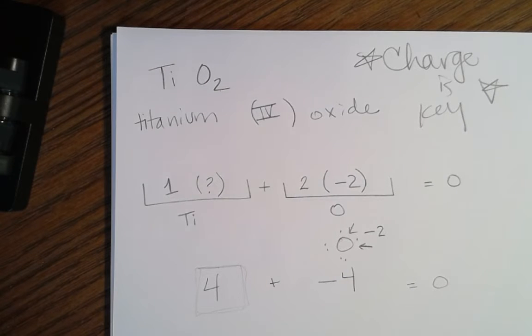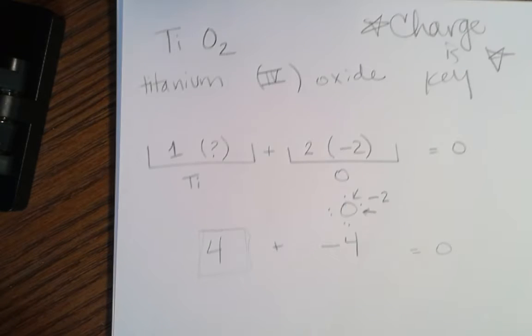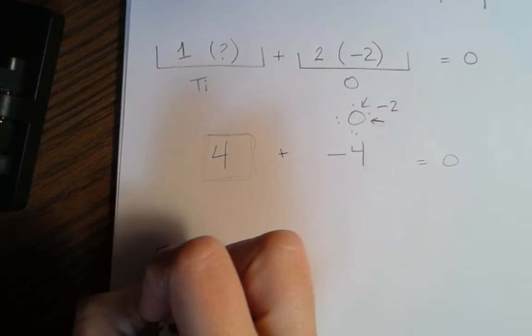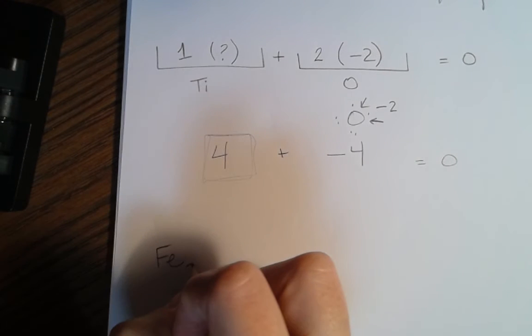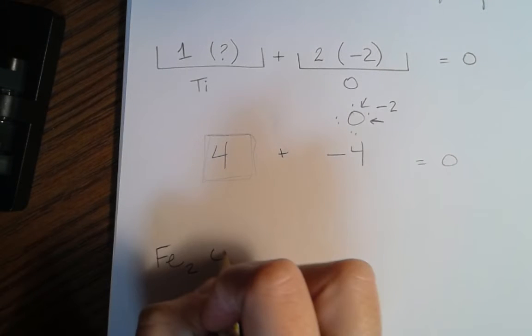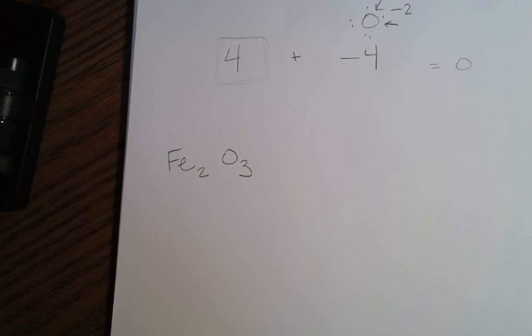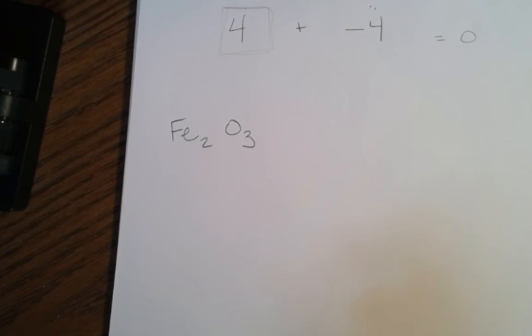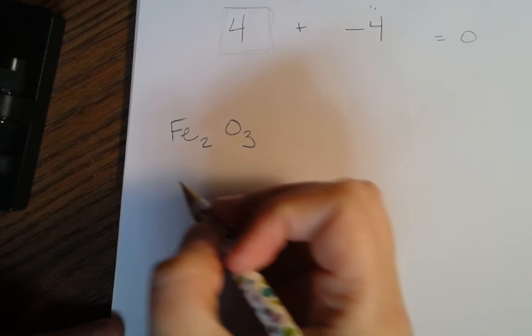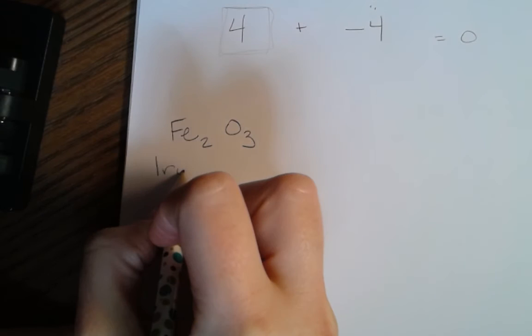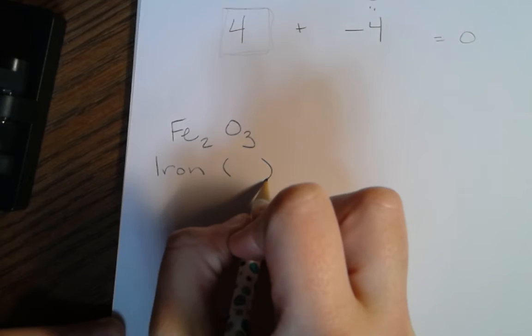We can do one more example. Let's do iron. Okay, you might recognize, I think we did this naming a formula, so you could check that if you wanted. Or, I mean, this one looks trickier, obviously. But we can totally do it. We've got some iron. We just need to know its charge. And some oxide.